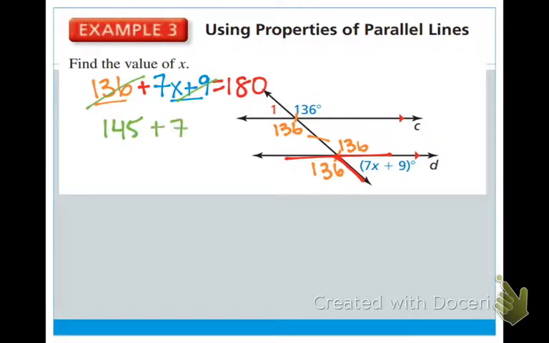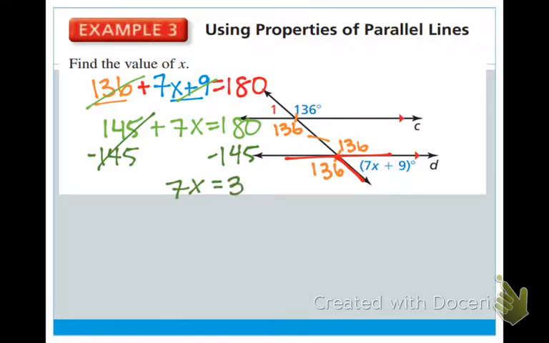And then I drop down that 7x. My next step, subtract 145. So 7x equals 35, and x equals 5.